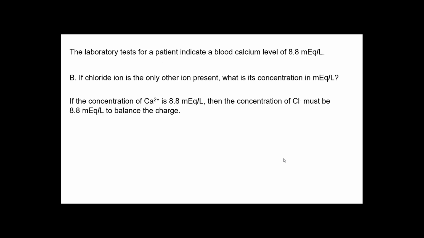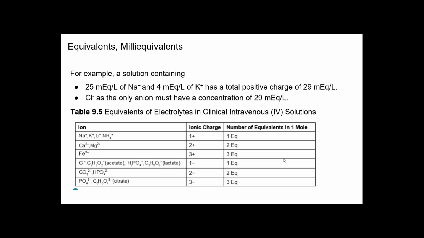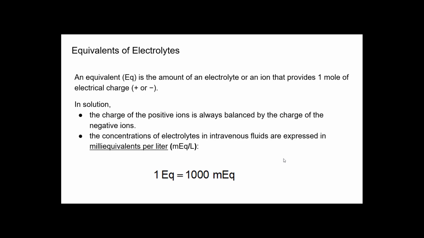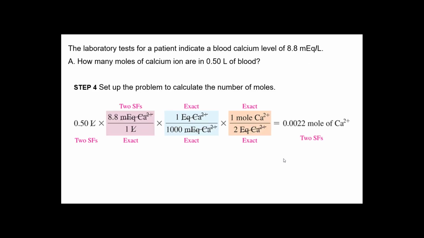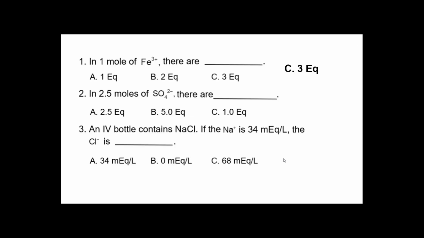The laboratory test for a patient, so this is the same problem, but in part B, if the chloride ion is the only other ion present, what is its concentration in milliequivalents per liter? Well, remember, in solution, the charge of the positive ions is always balanced by the charge of the negative ions. So we must have something that's equivalent to 8.8.